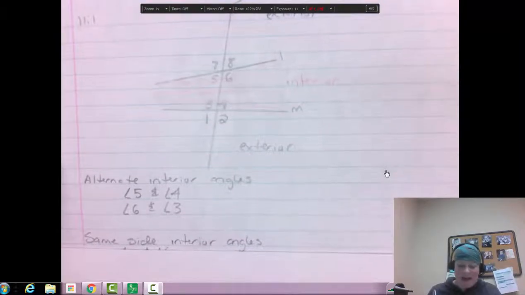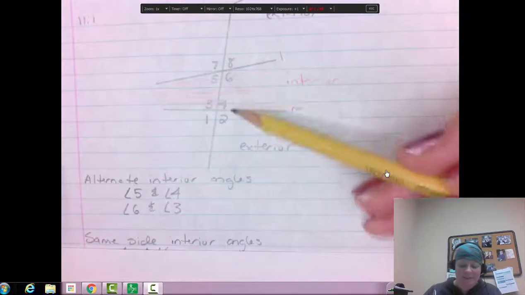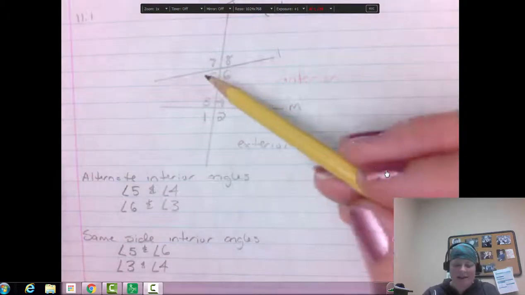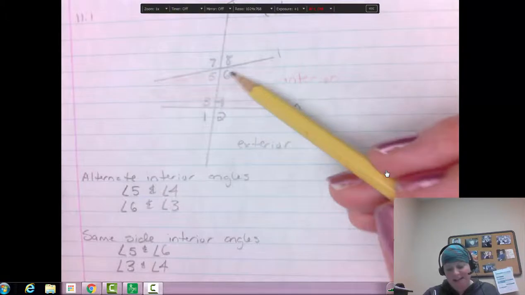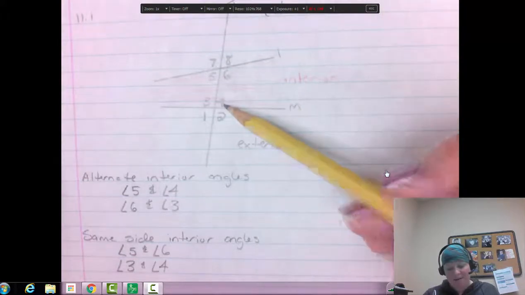Okay, the next one: same side interior angles. 5 and 3, because they're on the same side, and 6 and 4 are interior and on the same side. Oh, did I do that wrong? I think I said it wrong. Those are same side: 5 and 6, 3 and 4 would be considered same side.